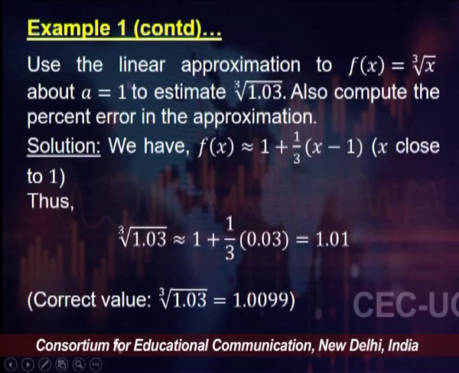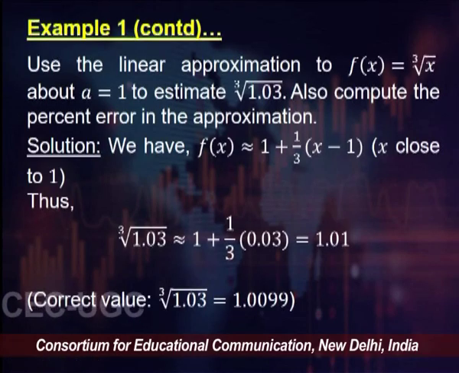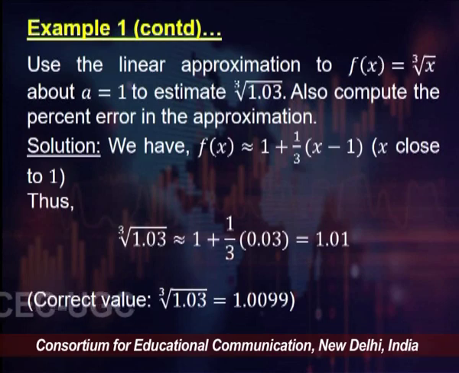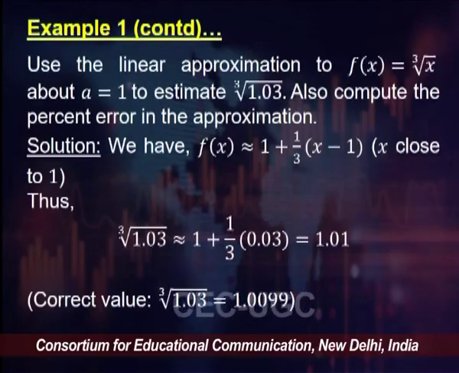Now, if you actually get your calculators and calculate the cube root of 1.03 using a scientific calculator in this case, you would get the correct value as 1.0099, and you can clearly see that you're hardly off the correct value, and we'll just look at the percentage error that we are making in the approximation.